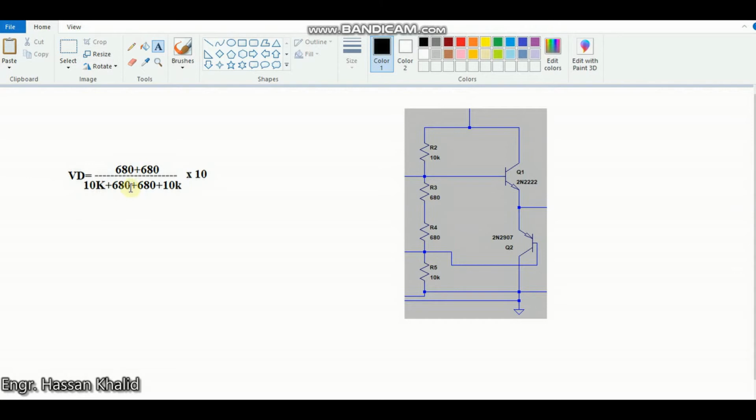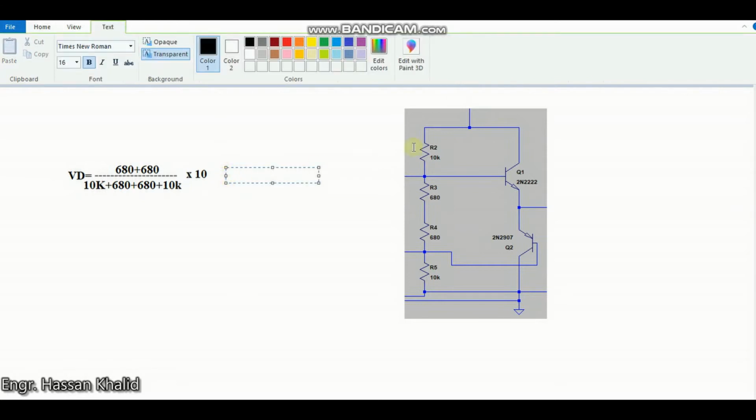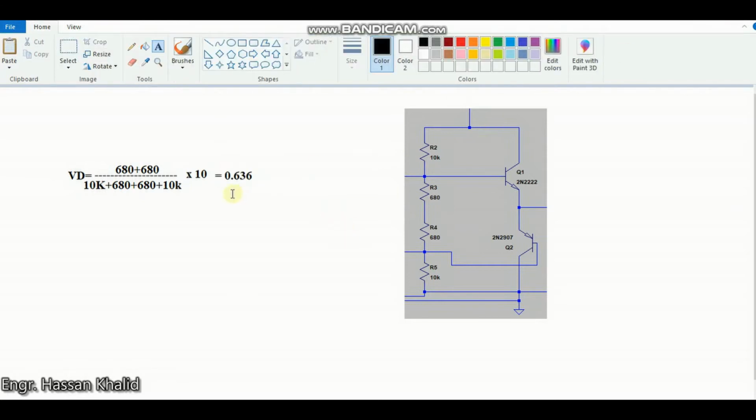So if this is true, then 680 plus 680 divided by 10k plus 680 plus 680 plus 10 kilo ohms, multiplied by the DC voltage, which in our case is 10 volts. So what we actually obtain here is 0.636 volt, which is the amount of voltage present in this internal loop.